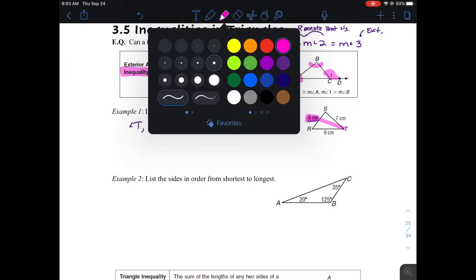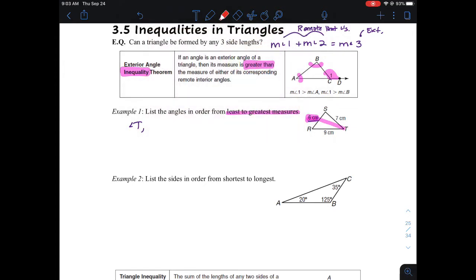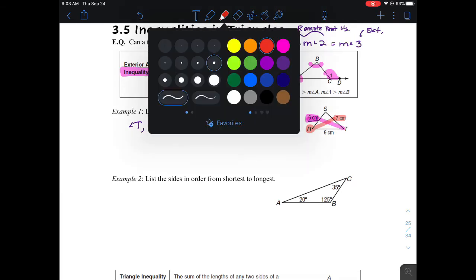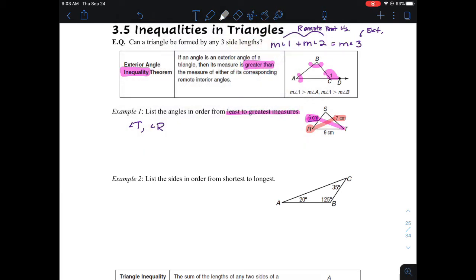My next smallest side is 7. So the angle that's opposite 7 is what's next. So angle R. And finally, my biggest side is 9. So the angle opposite that is angle S.